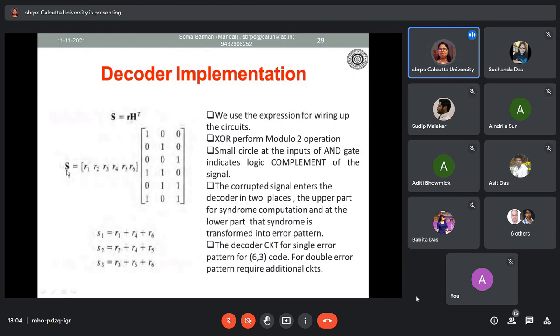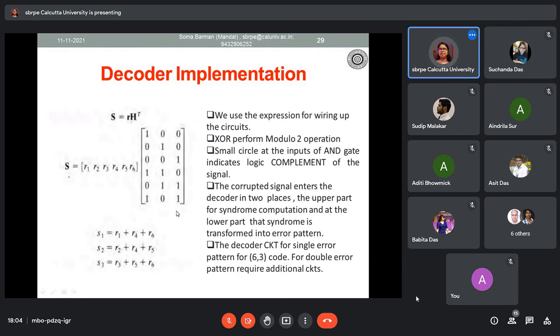So your first syndrome S1 will be R1, then R4, then R6, and the second syndrome will be R2, then R4, then R5, and the third syndrome is R3, R5, and R6.